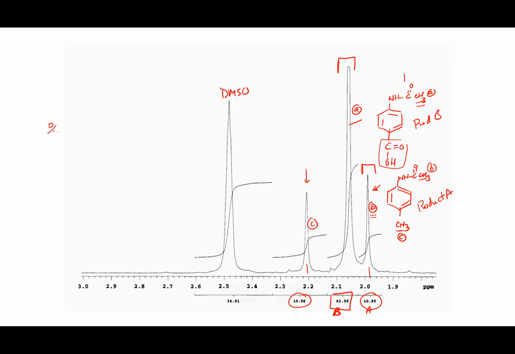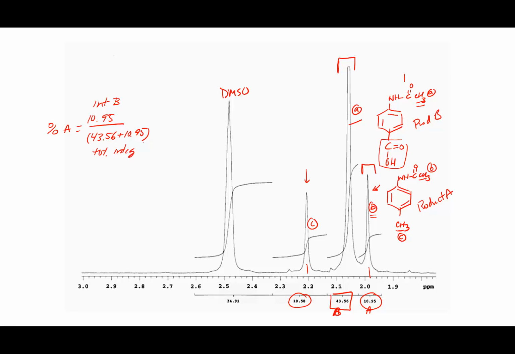So the percentage of A in this case is going to be 10.95 divided by 43.56 plus 10.95. Again, it's the integration of product A divided by the total integration.